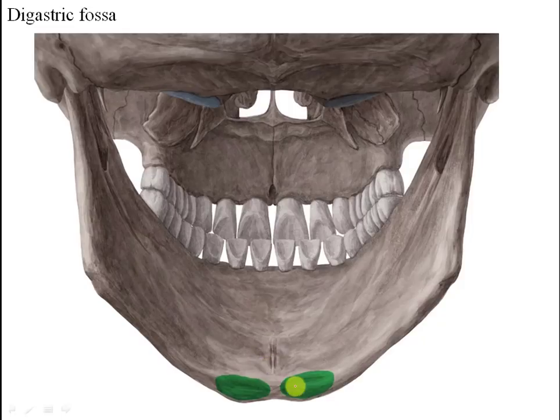Below the mental spines, at the sides of the midline, we have the right and the left digastric fossa. Of course, all the bony landmarks we studied are for muscle or ligament attachments in the area of the head and neck.